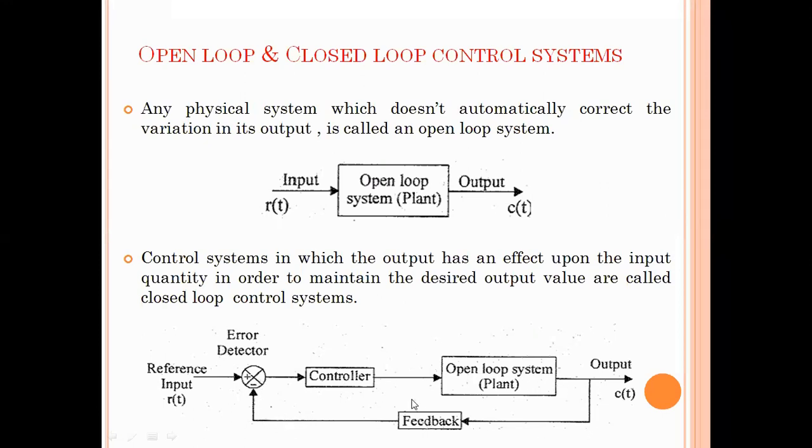This closed loop is forming because of this feedback. That's why this control system is called a closed loop control system, or we can say automatic control system, because the output signal is automatically corrected because of this feedback loop.